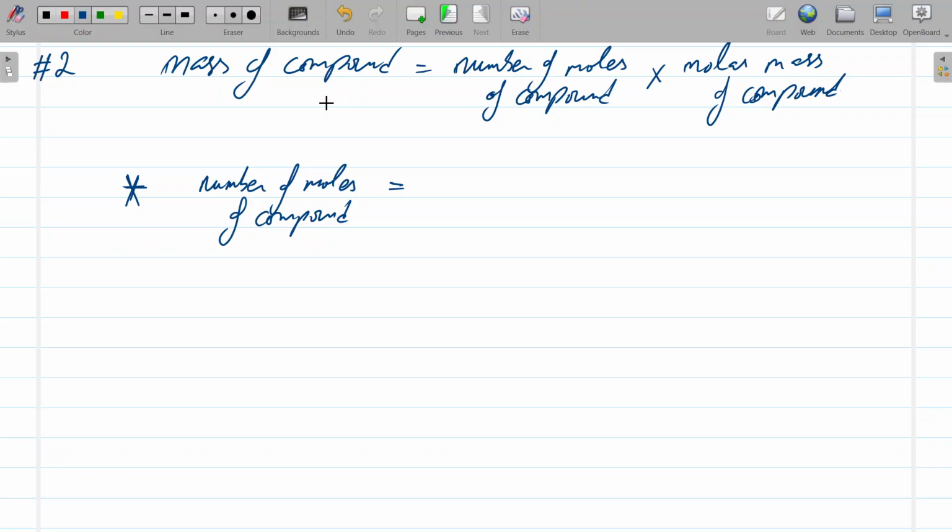I want to make the number of moles the subject, so I'm going to move the molar mass to the other side. And so it's going to be mass of compound divided by molar mass. Yes, when it moves to the other side, the sign changes, so multiply becomes divide.